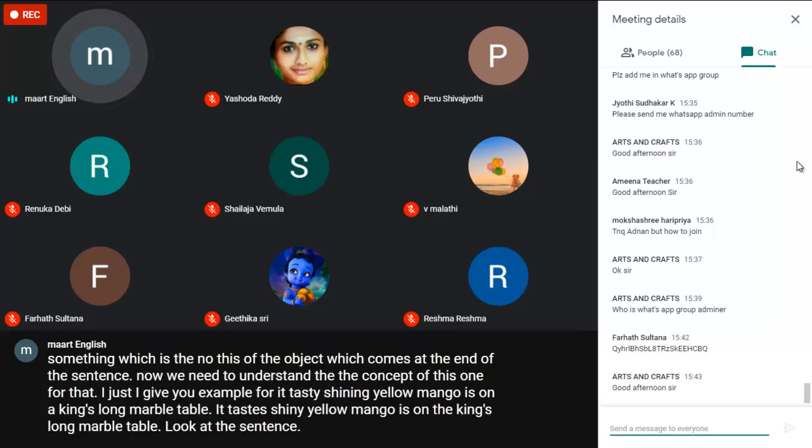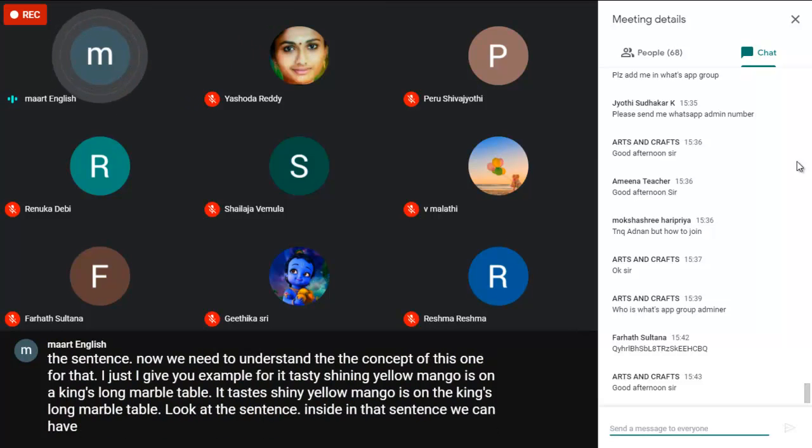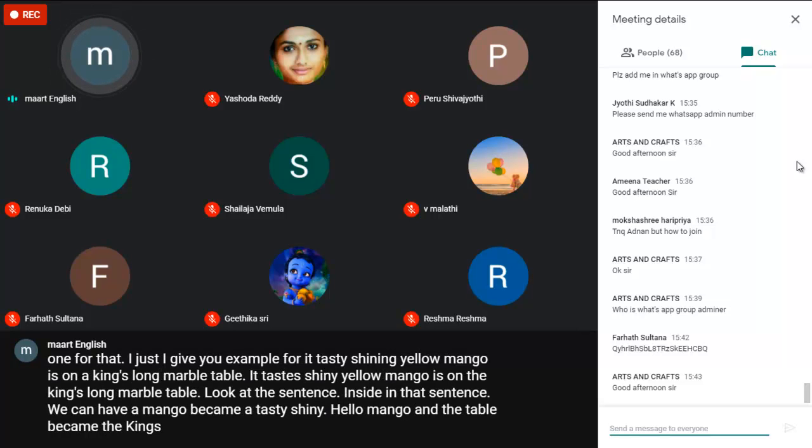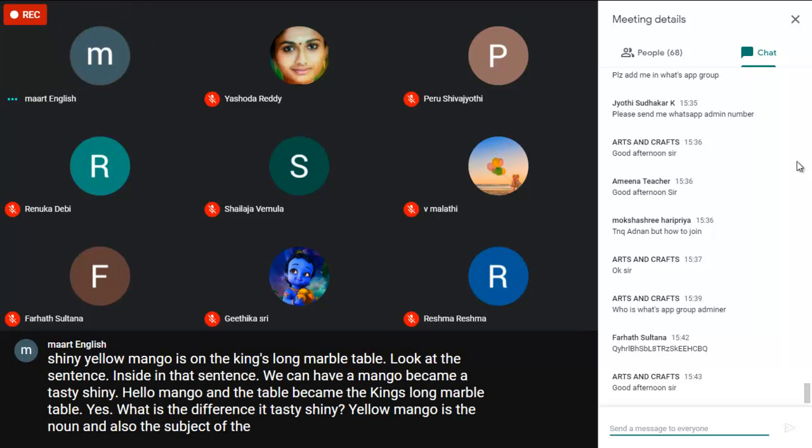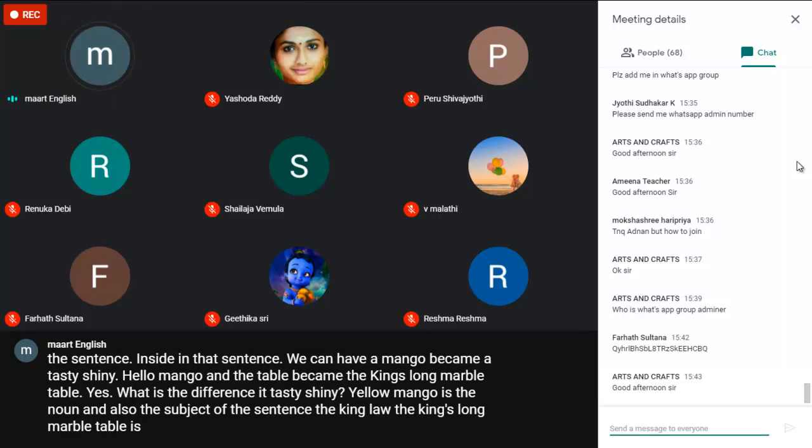In that sentence, mango became a tasty shiny yellow mango, and the table became the king's long marble table. What is the difference? A tasty shiny yellow mango is a noun and also the subject of the sentence. The king's long marble table is a noun and also adjunct in the sentence.